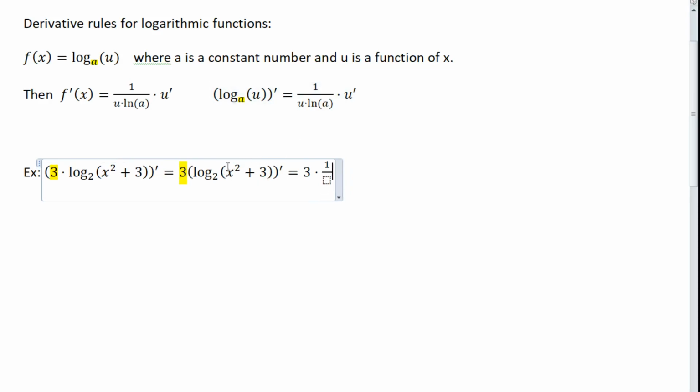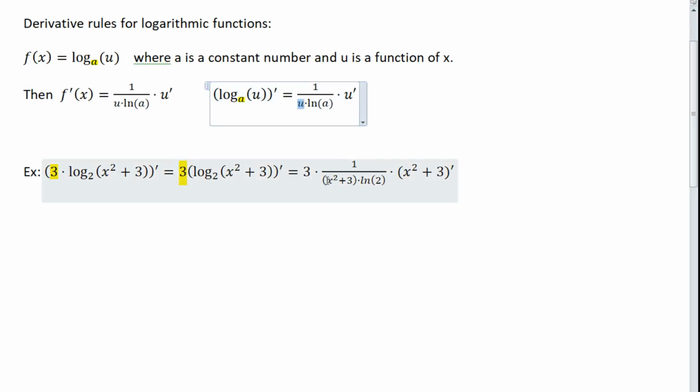The u is the function inside the log, so it's x squared plus 3, multiplied by ln of the base, which is 2. All of this multiplied by u prime, which is x squared plus 3, all of this prime. So u is what's inside the log, a is the base of the log, and you have to take the prime of all this.